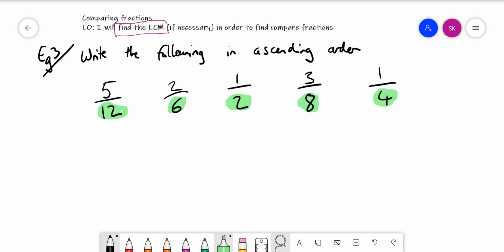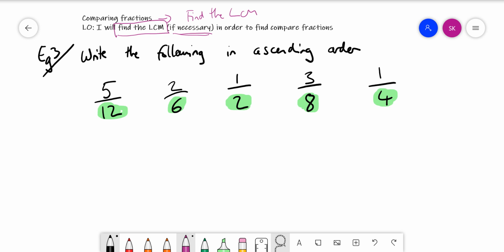Remember adding and subtracting fractions? Find the LCM. Well, there's another chant. Comparing fractions, find the LCM. But only if necessary. So if you can do it in your head, then obviously go for it. But if you're not clear, what we're going to do is find the LCM.